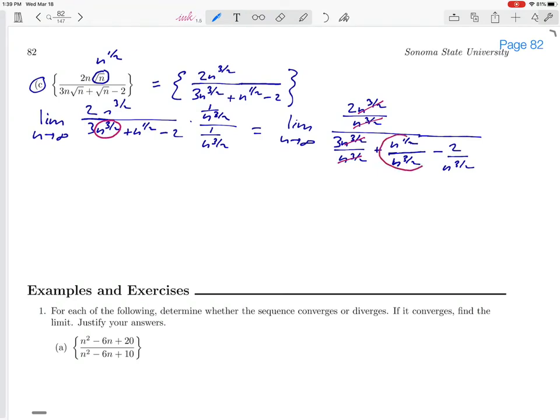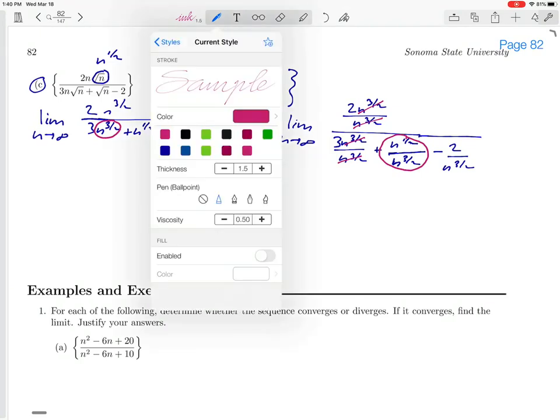And if we look carefully at this fraction that I'm circling here, we've got an n to the 1/2 in the top and an n to the 3/2 in the bottom. If you cancel the n to the 1/2 that's in the top into the term on the bottom, you're just going to get an n to the first power in the bottom by subtracting those exponents.